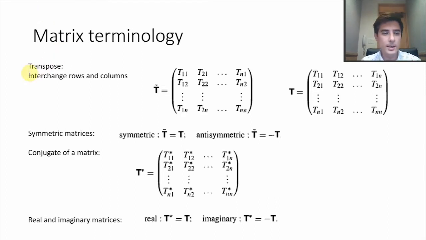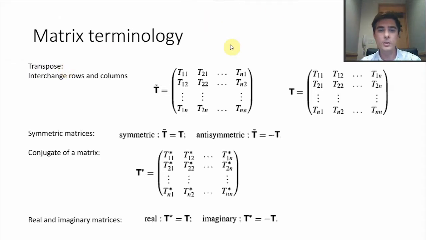Firstly, there's the so-called transpose operation. The definition is that it interchanges the rows and columns of the matrix.